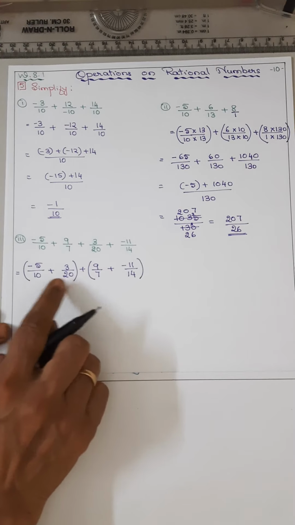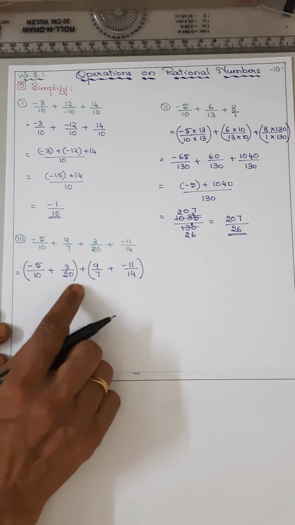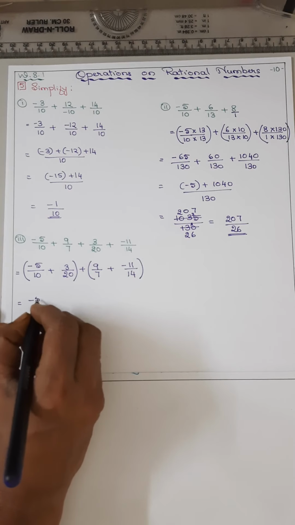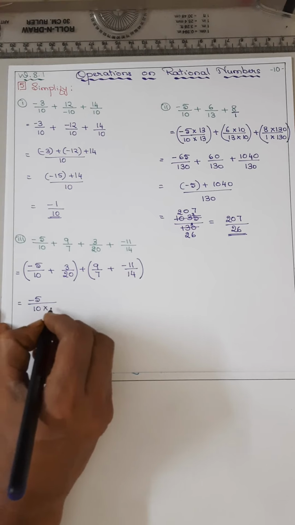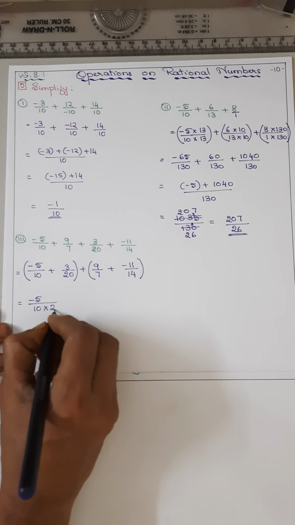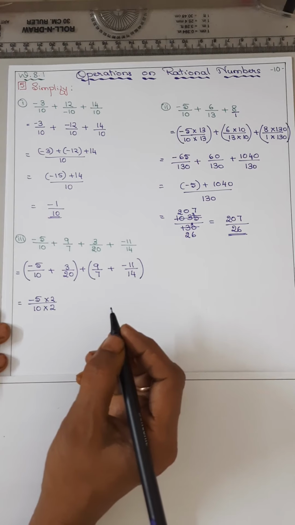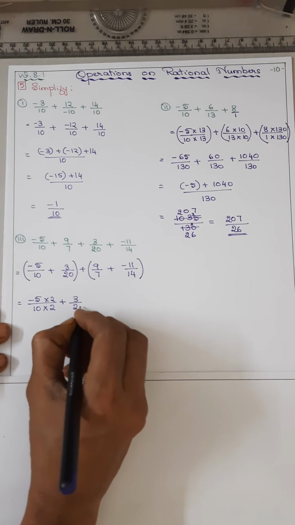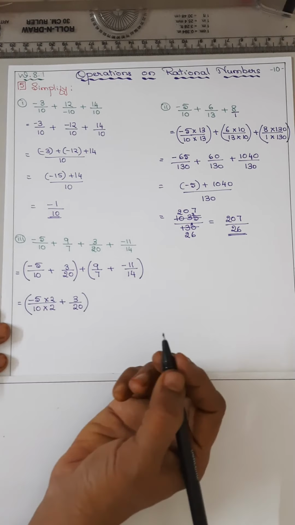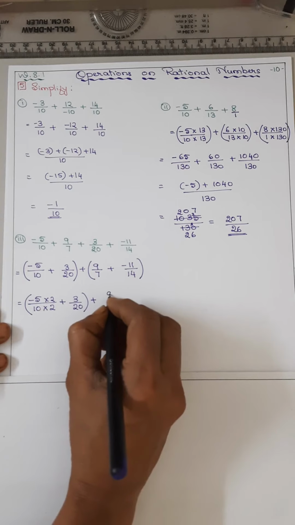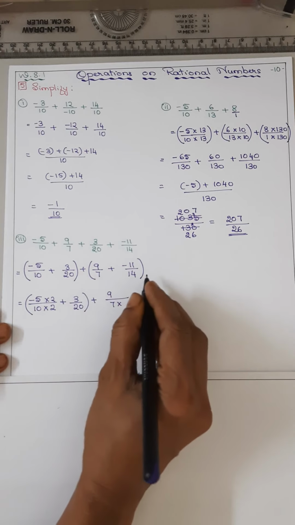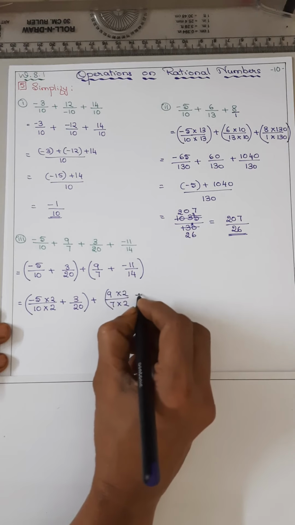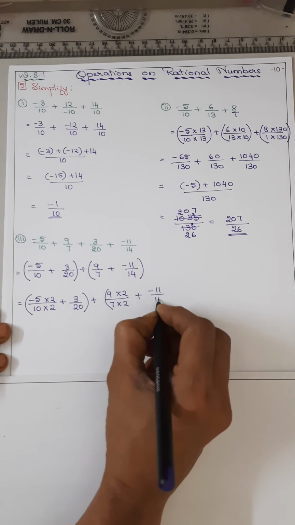Now take the LCM of these two. 10 and 20, what will it be? 20. So minus 5 by 10, to convert to 20, 10 2s are 20, numerator also multiply by 2, plus 3 by 20 will be as it is because multiplied by 1. Now 9 by 7, 7 2s are 14, 14 is the LCM, plus minus 11 by 14 as it is.